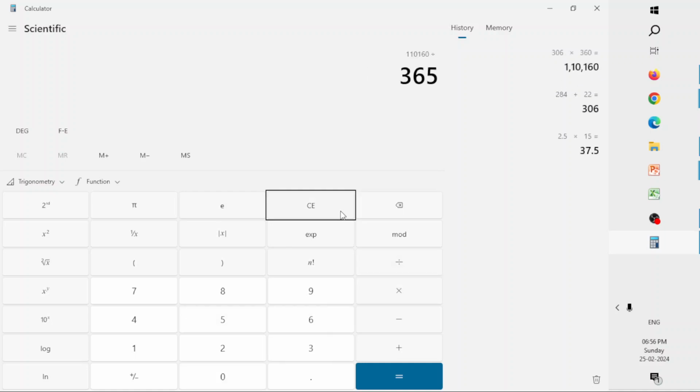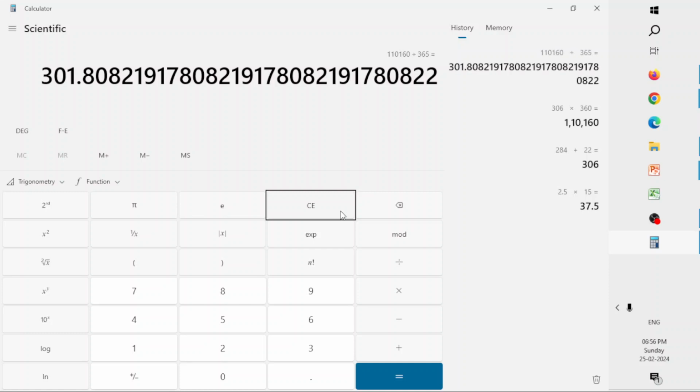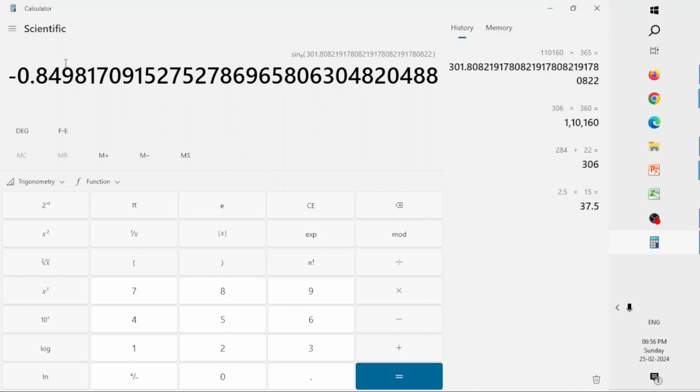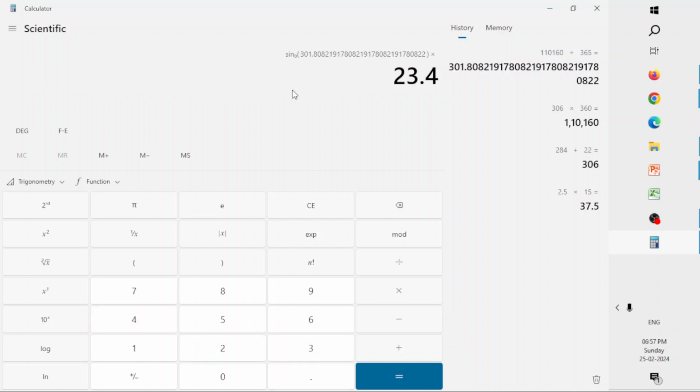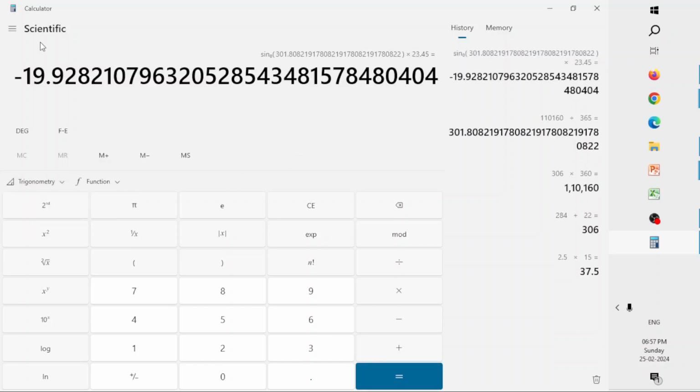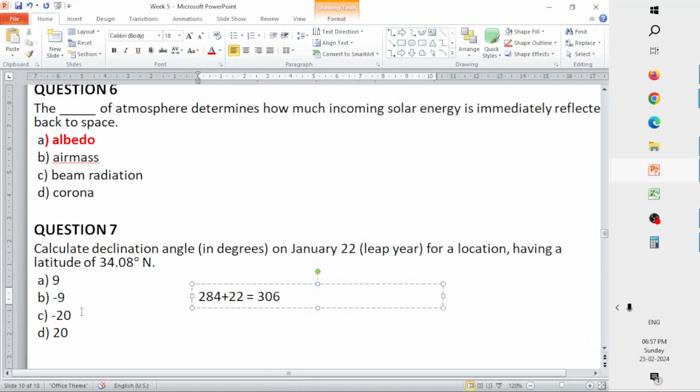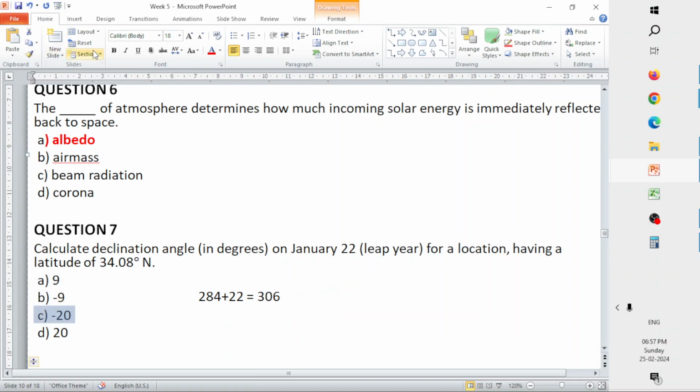Take the sine of this value, and multiply this by 23.45. We get minus 19.92, that is approximately minus 20.